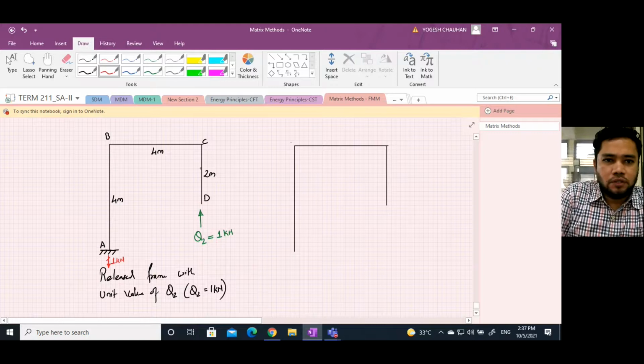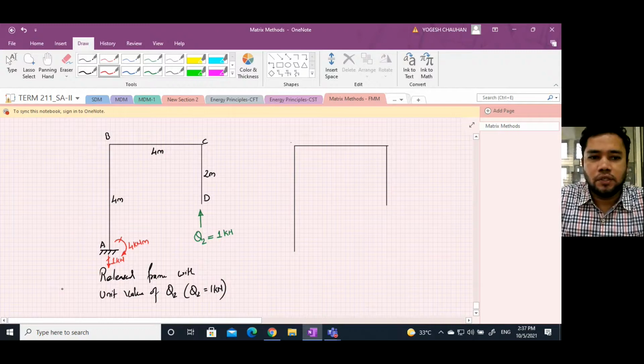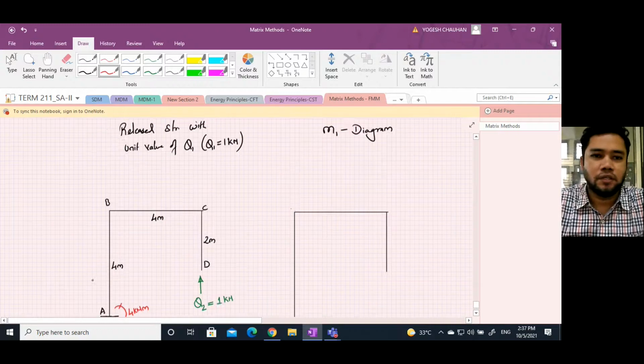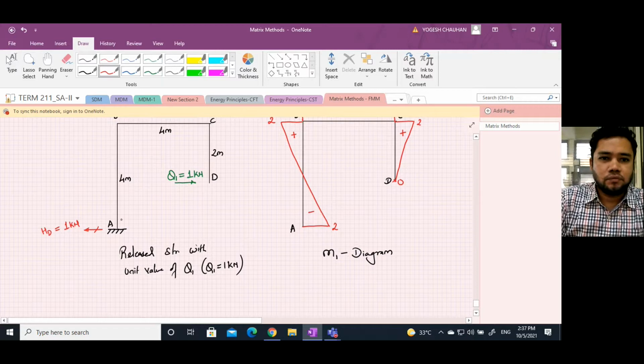Because of this, the moment will be 1 into 4, in anti-clockwise direction. So the reaction at A will be clockwise, 1 into 4, that is 4 kilonewton meter. Okay, so these are the support reactions. Same way, you should find the support reactions in this case also.